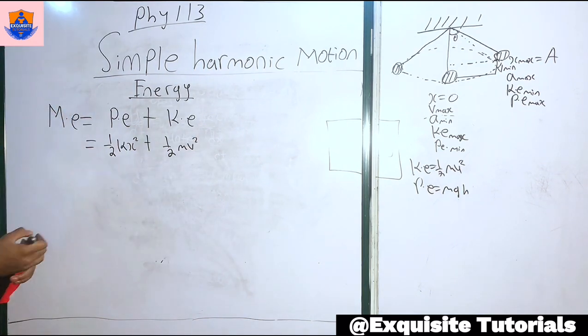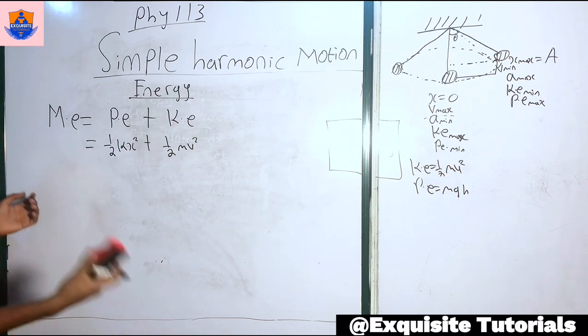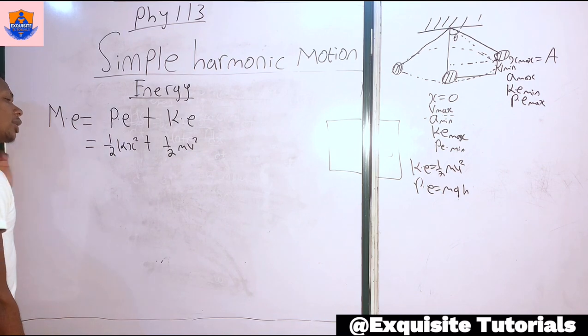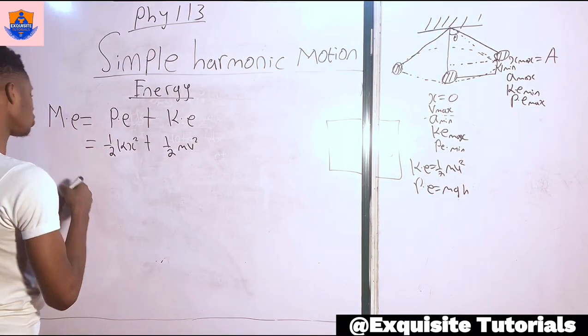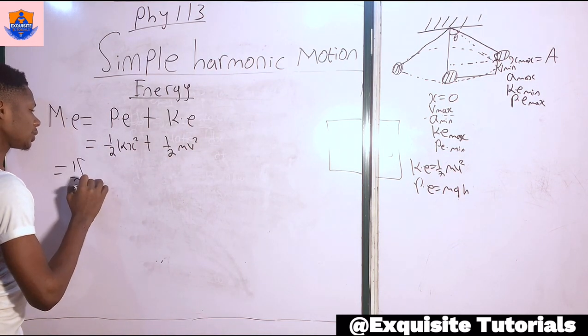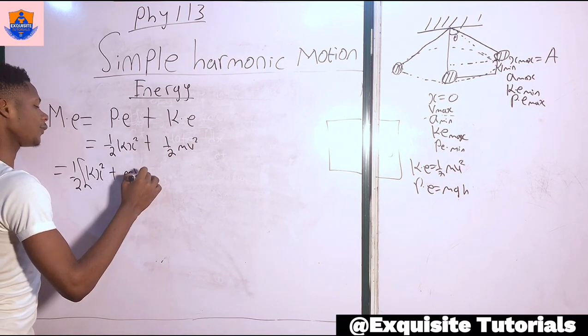Now, looking at these two expressions on the board, what we want to do is simplify them down and see what we obtain at the end. There are several quantities you can factor out. 1/2 is common, so we are going to have 1/2 in brackets kx squared plus mv squared.